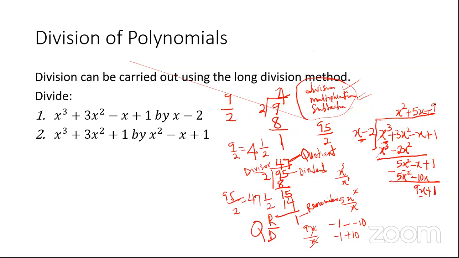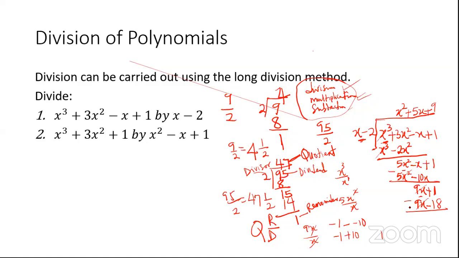So you now use 9 to multiply everything. 9 times x, 9x. 9 times minus 2, minus 18. So you have carried out multiplication again. Then you subtract. 9x minus 9x will always cancel out to give you 0.